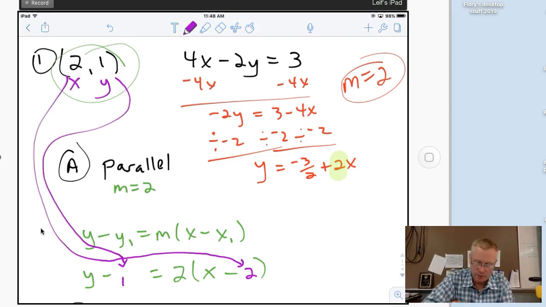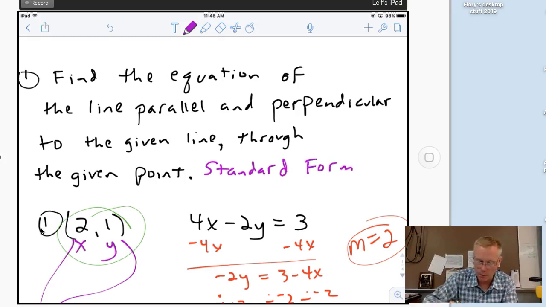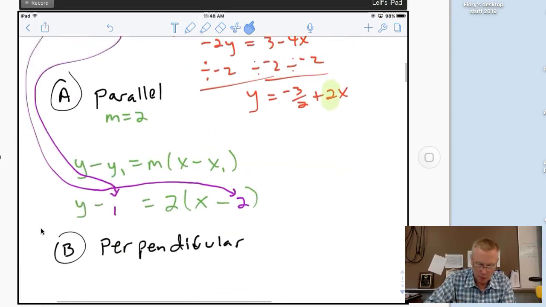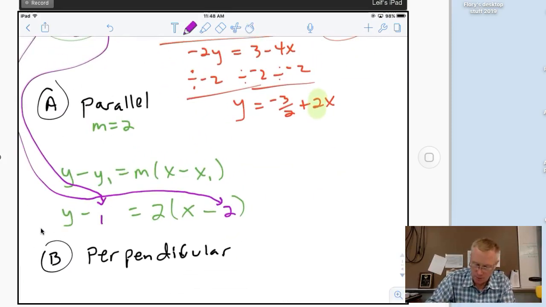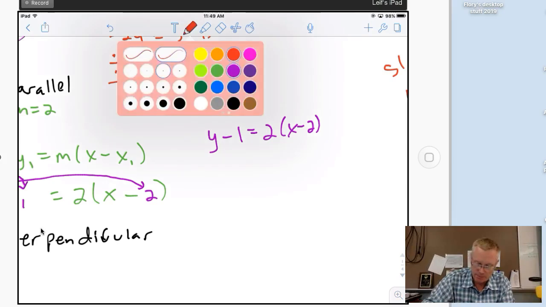Now, I should have written this down, but these should be in standard form for the answer, okay? Which means I got a little bit more work to do. I'm going to take my y minus 1 equals 2 times x minus 2. I'm going to put it into standard form. So I'm going to do distributive property with the 2.